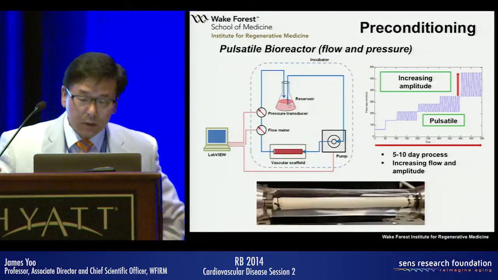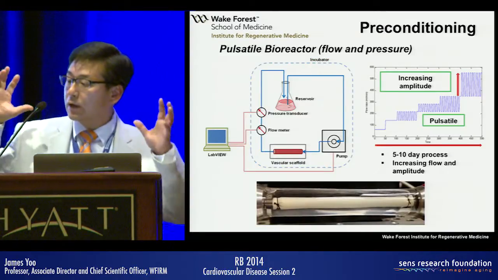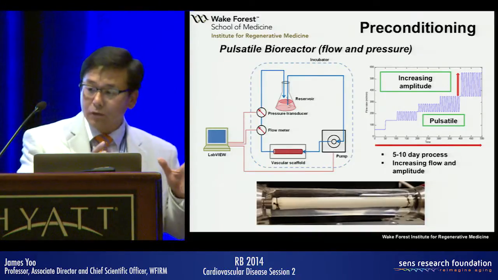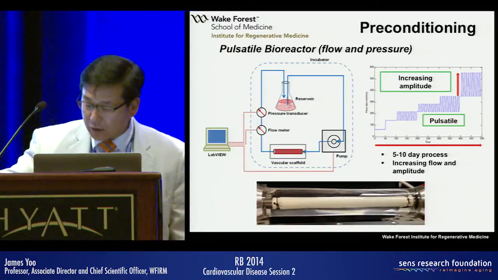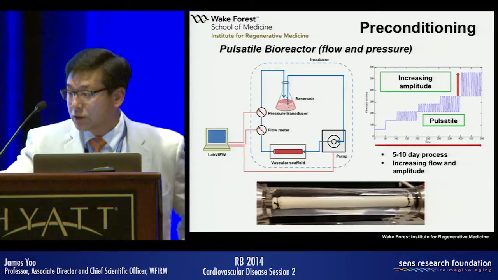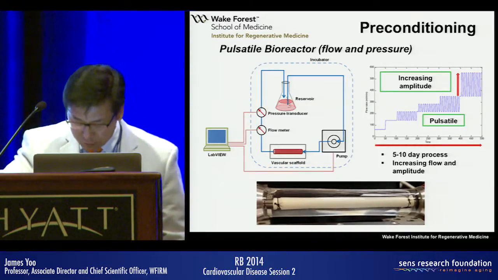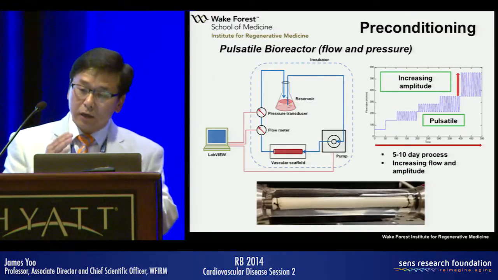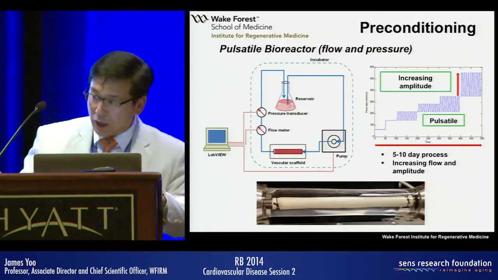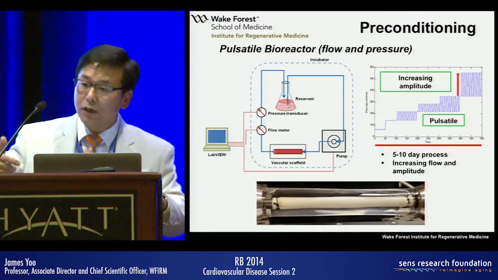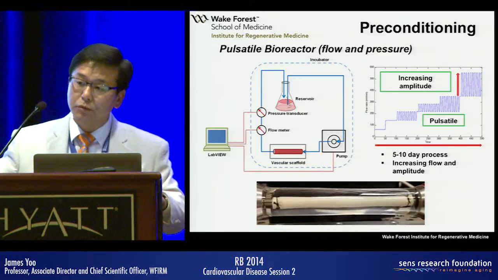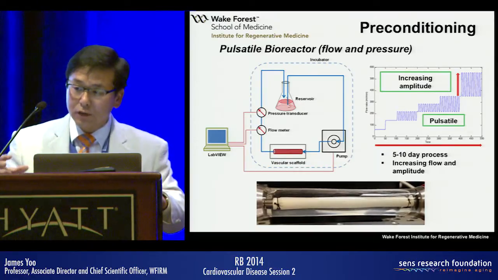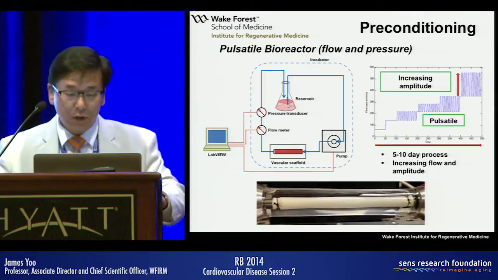So we have very well characterized cells, and we have a scaffold that has all the ideal characteristics for blood vessels. Then those cells were placed and attached onto the scaffold: endothelial cells on the inner side to prevent thrombosis, and muscle cells on the outer side to eventually help with contractility.